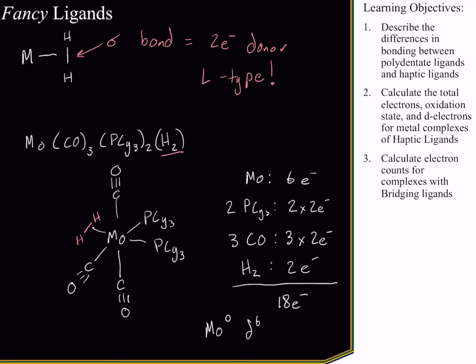So if we're going to do our electron counting, we can now see that even sigma bonds can be used as ligands when we're talking about metal complexes. So here are the 2 new types of fancy ligands that I've introduced. First was polydentate ligands, so ligands that have multiple binding sites.